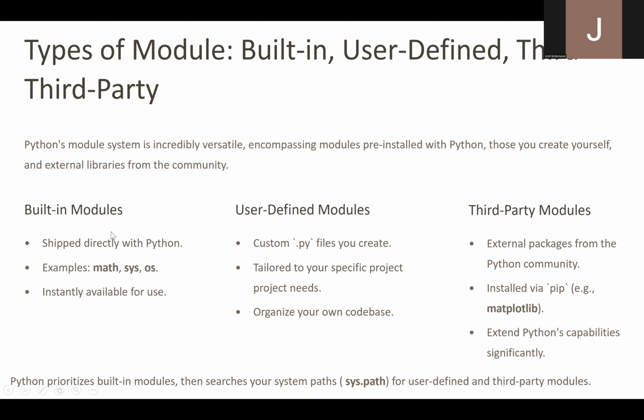What exactly is a built-in module? A built-in module comes pre-installed with Python. That means whenever you install Python, these built-in modules will be part of your installation. They ship directly with Python.